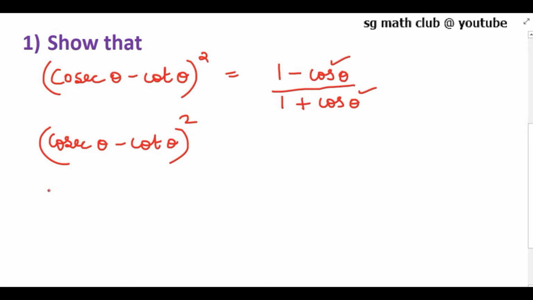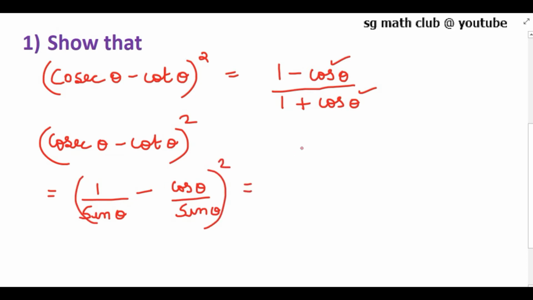We know cosec theta is the reciprocal ratio of sin theta. So cosec theta I can write as 1 by sin theta. Cot theta I know that it is cos theta by sin theta, the whole square.